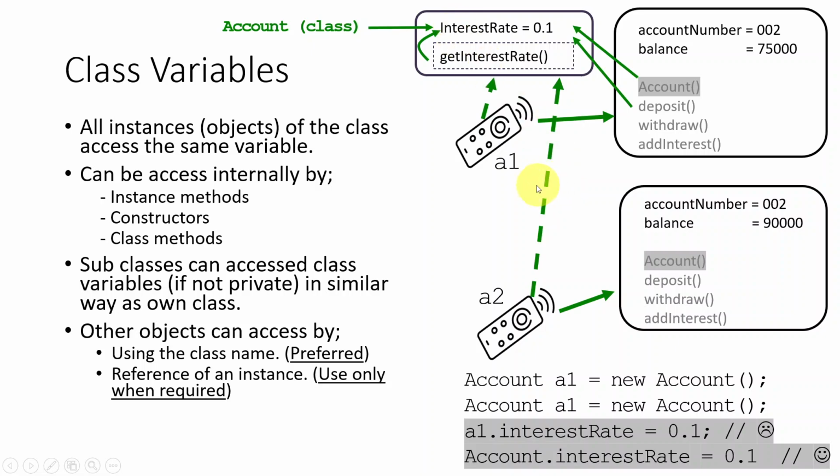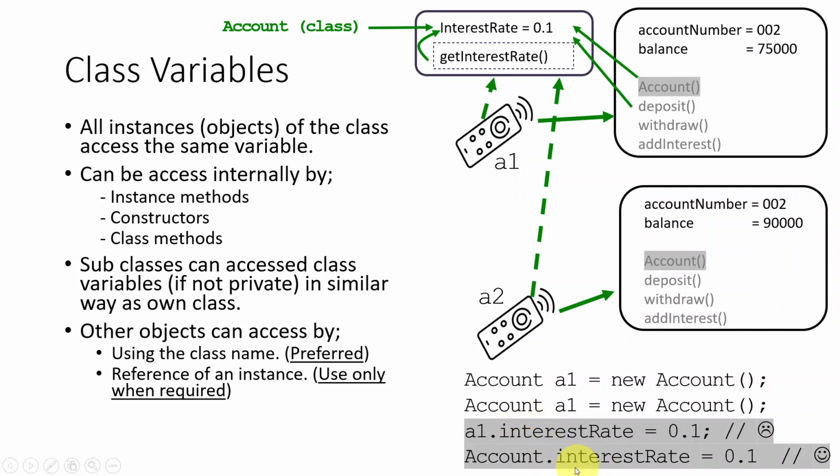The other approach is that you can use your object references to access your class variables directly or through class methods. Again, you must know the pros and cons of direct access of variables versus indirect access through the class methods. This is how you access a class variable through an object reference.